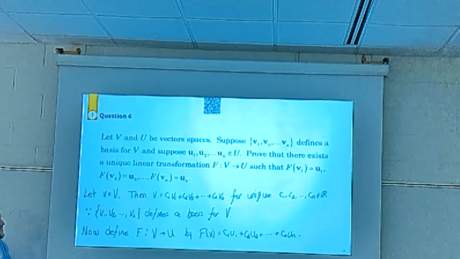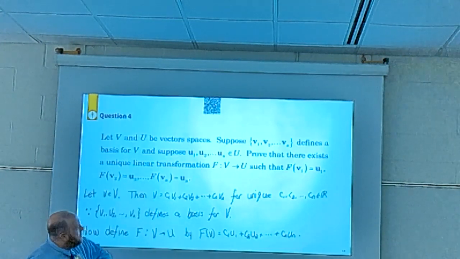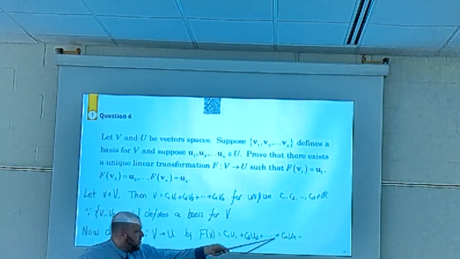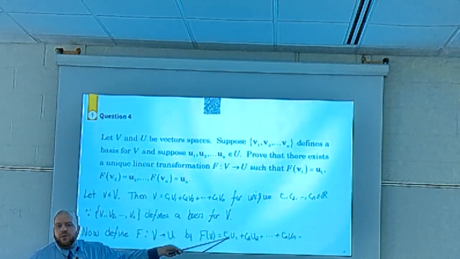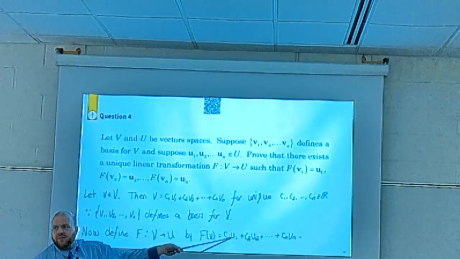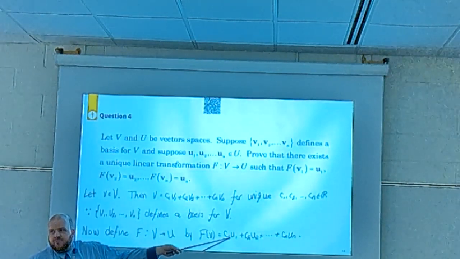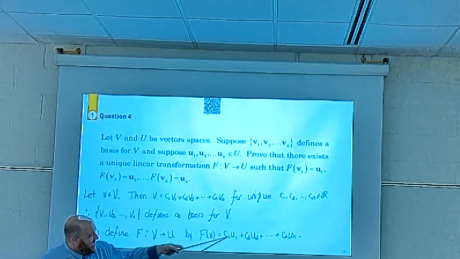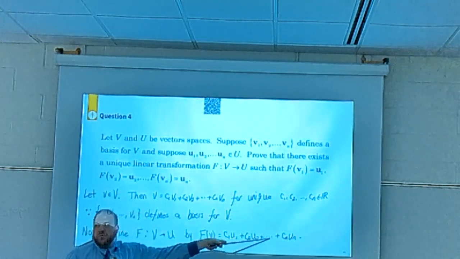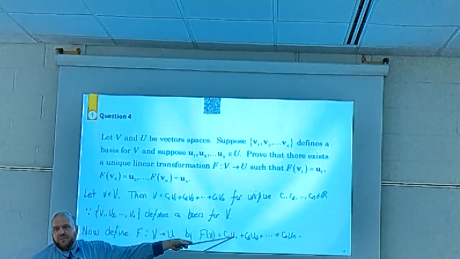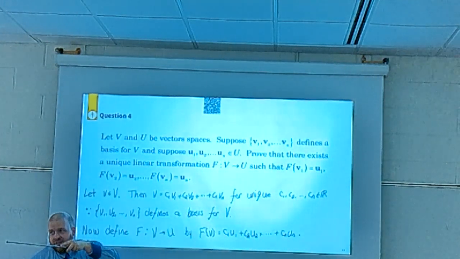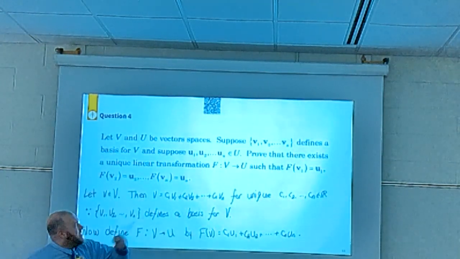Do we agree that this would be in U? Right, clearly V is in V. Is this a vector in U? Why? Because that's the definition of a basis. Well, I didn't say this was a basis.